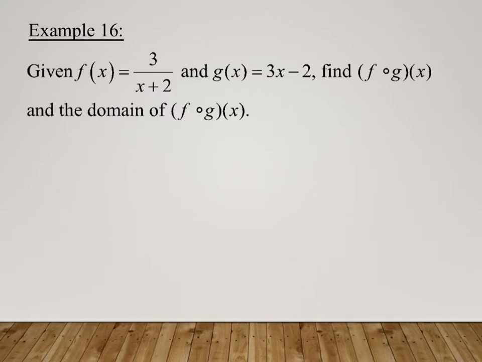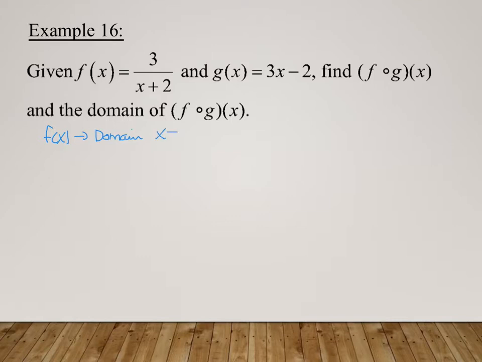So we always want to find the domain and ranges of composite functions, and in this case we're going to do that. The first step is to look at f of x. So for f of x, the domain has a restriction on -2.